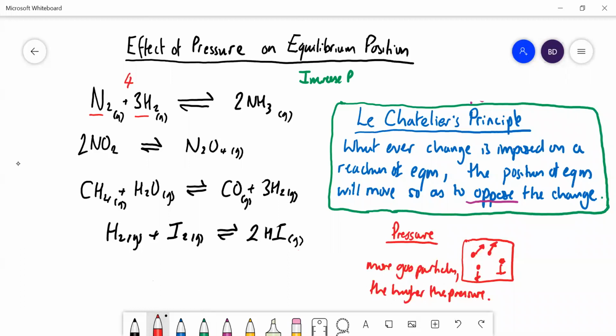There's 4 gas molecules. If it all reacts, you'd only end up with 2 molecules of ammonia. So if we increase the pressure, it will try and decrease it. How can it do that? By moving in this direction, because there are fewer gas molecules. So the equilibrium moves to the right.